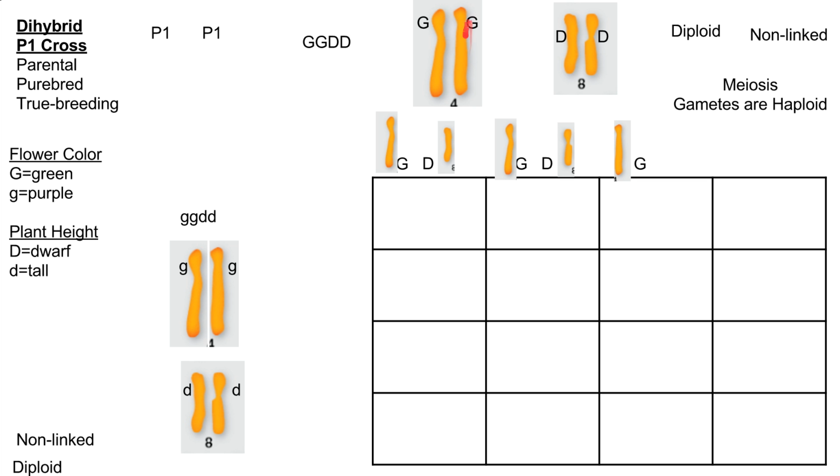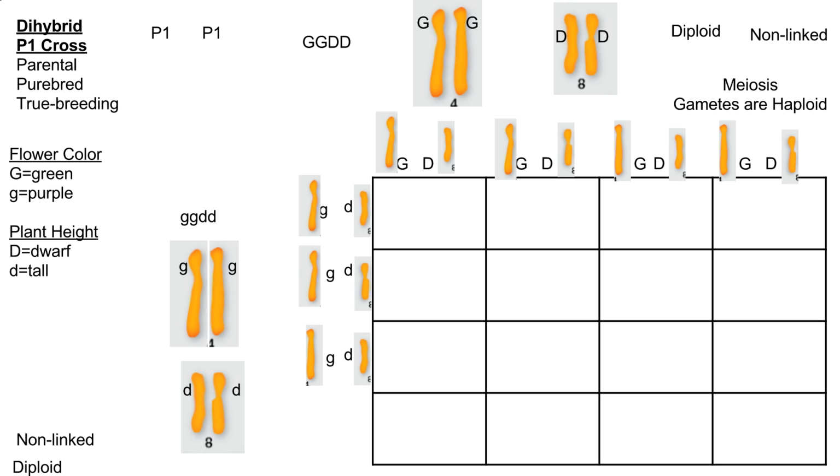Next one, it could be this G and this D, or this G and that D for the last one. We do the same thing on this other side. If I were to number these 1, 2, 3, 4, it could be 1 and 3, 1 and 4, 2 and 3, and 2 and 4. And because they are homozygous, every single possible gamete is the same.